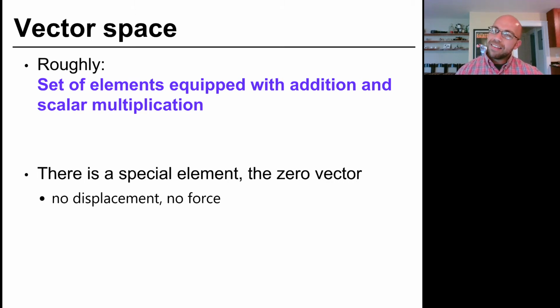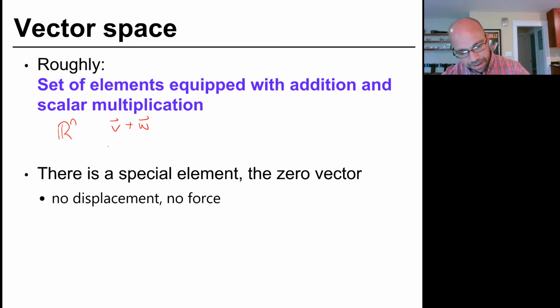So the basic object that we deal with in linear algebra is something called a vector space. And remember that a vector space is just a set of things equipped with an addition and a scalar multiplication operation, right? So for example, the set of n-dimensional vectors. They allow you to do things like take two vectors and add them together.